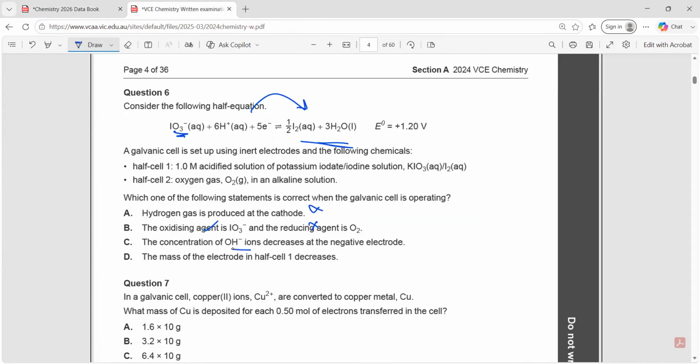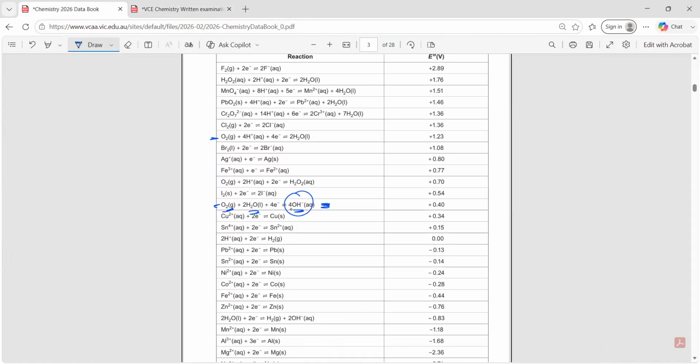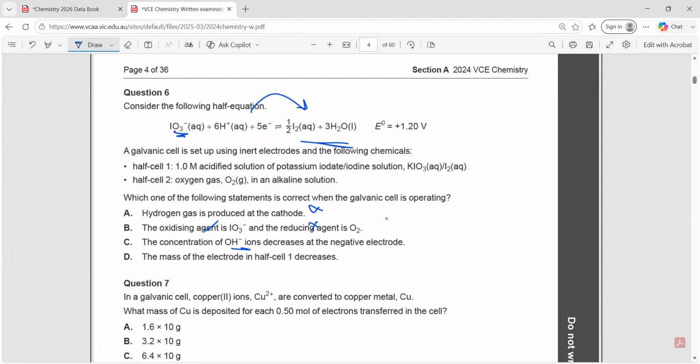The concentration of hydroxide ions decreases at the negative electrode. Yes, it would be, because that's being converted into that. The mass of the electrode in half cell one decreases. No, because you're using inert electrodes, which don't even participate in the reaction.